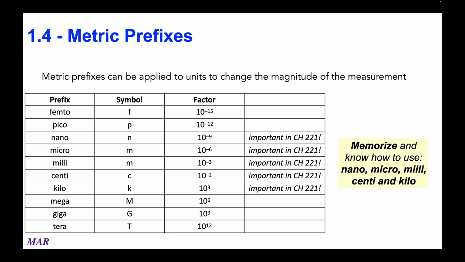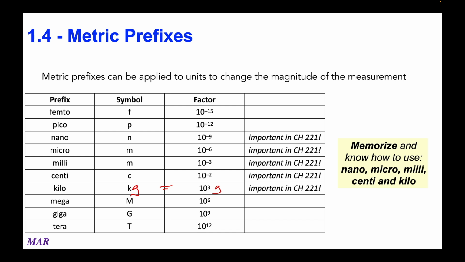So for example, if you had 1,000 grams, in scientific notation, 1,000 is 10 to the third. Well, 1,000 grams would be a kilogram. So you can see there the kilo, which has the symbol k, has a 10 to the third to it. And if you then write right next to it a kilogram, that equals 10 to the third grams. So a kilogram is 10 to the third grams.